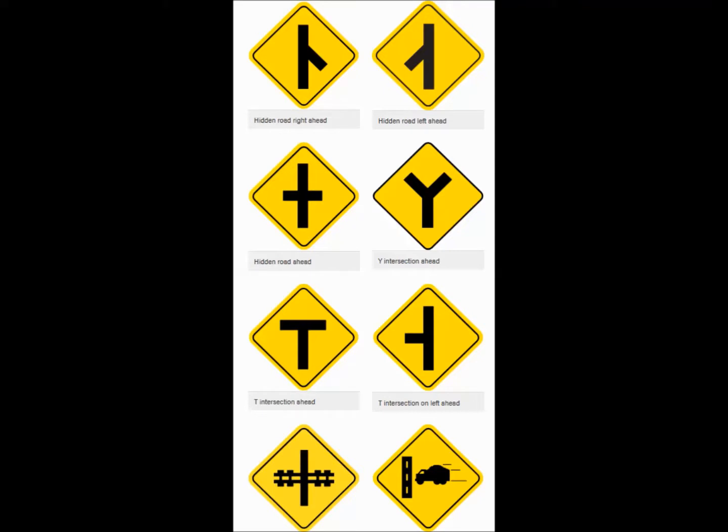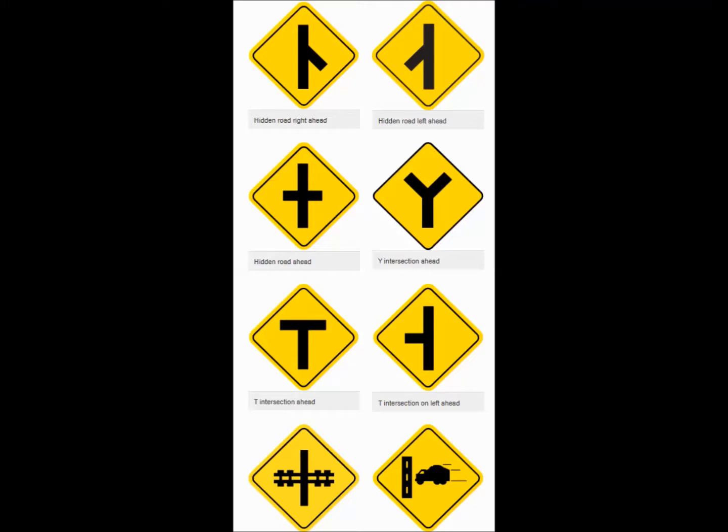A black Y is seen. Y intersection. Image description. A yellow diamond with a black outline. A long black rectangle with a smaller horizontal rectangle above it to make a T. T intersection.